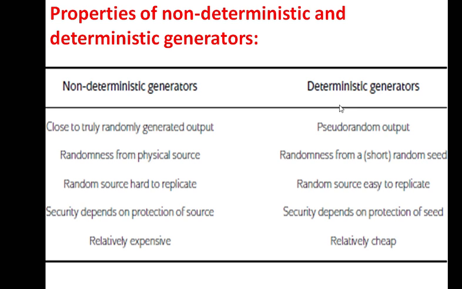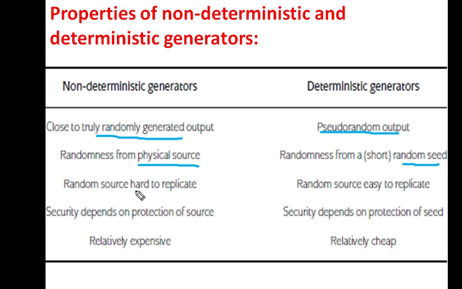Now the properties of non-deterministic and deterministic generators. In non-deterministic generators, the output is close to truly random, while here it is pseudo-random output. There, randomness comes from a physical source; here, randomness comes from the seed, a random seed.